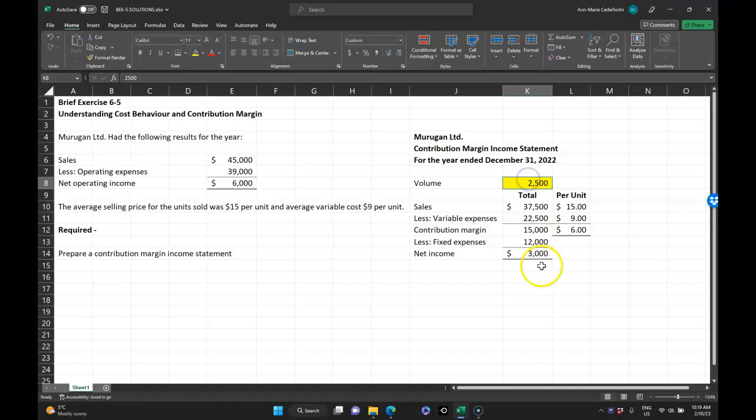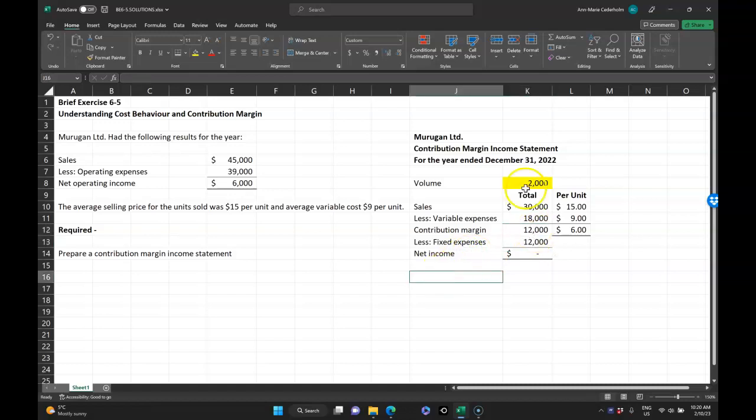My guess is too high because I still have income of 3,000. Let me guess 2,000. Oh, that guess was right because now my net income is 0. So you'll see that's the point where your contribution margin is the same as your fixed costs. So I have to sell 2,000 cookies in order to make nothing.